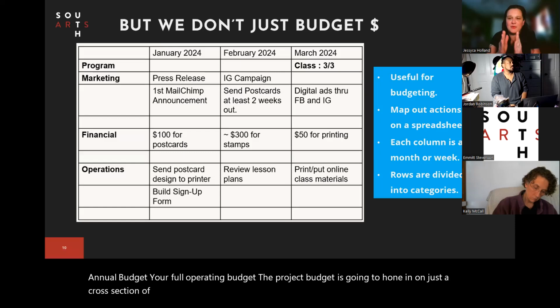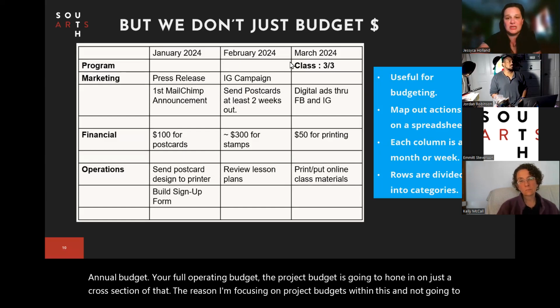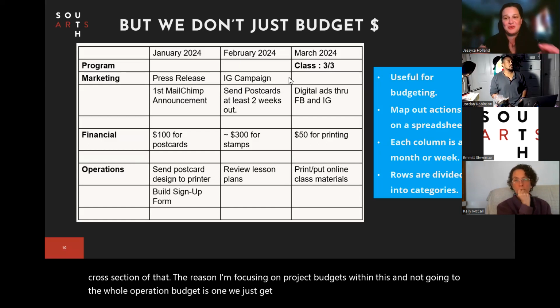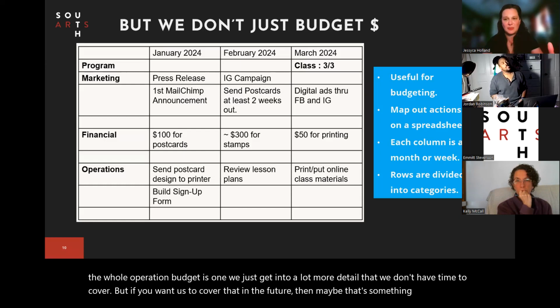The reason I'm focusing on project budgets within this and not going through the whole operating budget is, one, we get into a lot more detail that we don't have time to cover. But if you want us to cover that in the future, maybe that's something we can bring in somebody to talk about.